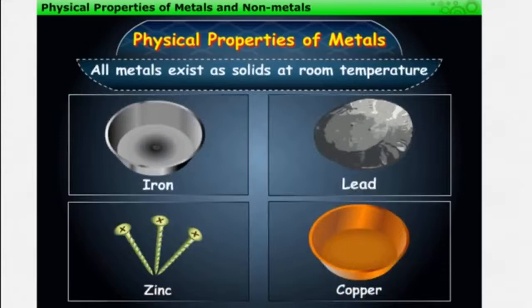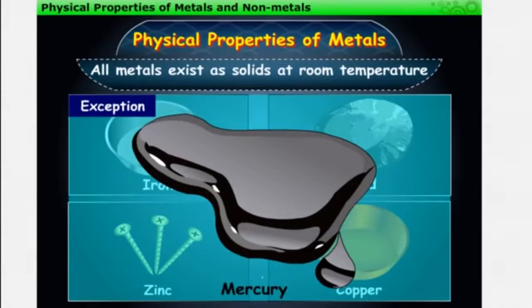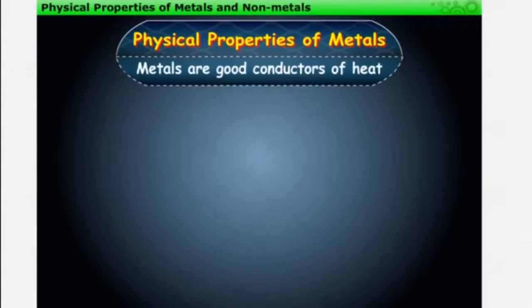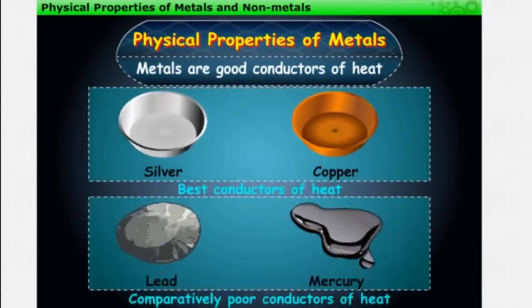Example: iron, lead, zinc, and copper. Mercury is an exception. Metals are good conductors of heat. Silver and copper are the best conductors of heat, whereas lead and mercury are comparatively poor conductors of heat.